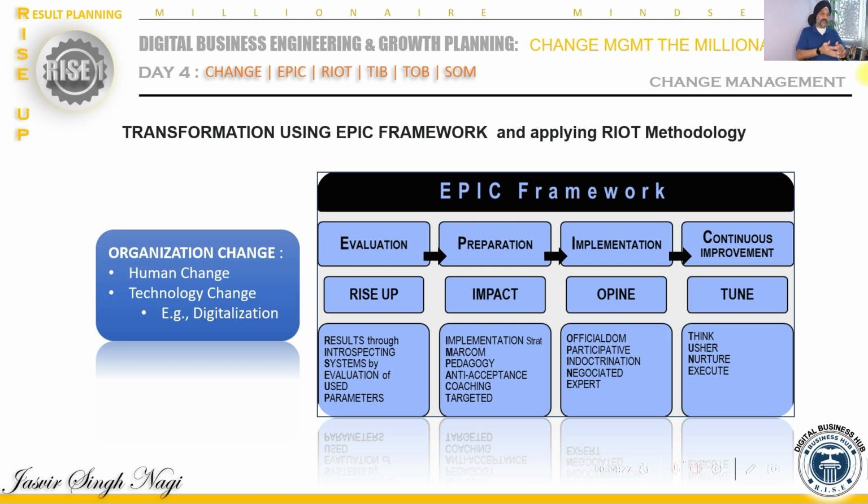So you do anti-acceptance because of that, and then for people who are ready, you start coaching them during the preparation stage to see how coachable they are for the change, and then you target the rest of the audience in a systematic fashion. Okay, so that is the purpose of IMPACT. So you evaluate, you prepare using the respective methodologies, then you implement the change.